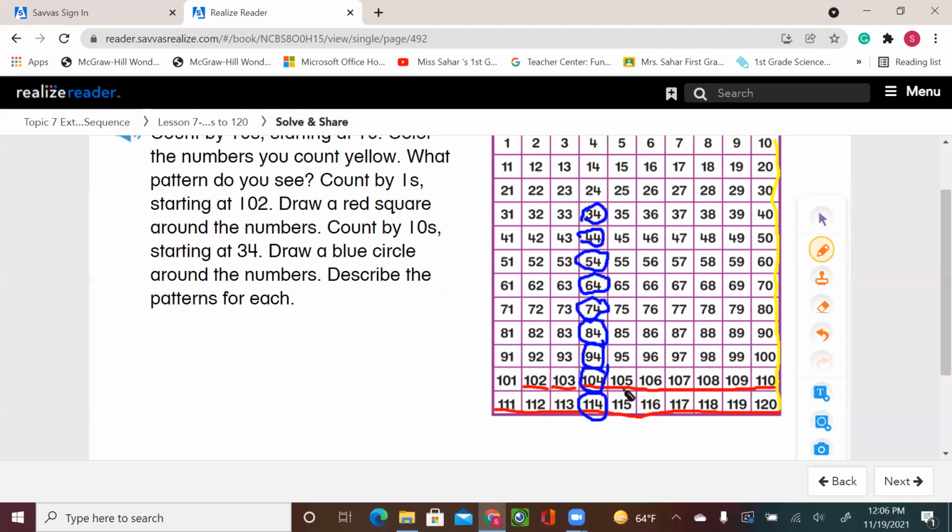When I counted by 1, my ones go up, my tens remain the same. And when I started with 34, I noticed that all the ones were 4 and the tens go up by 1. All right, so that was today's lesson, count by ones or tens on a 120 chart. All right, that's it for today, first graders. Thank you.